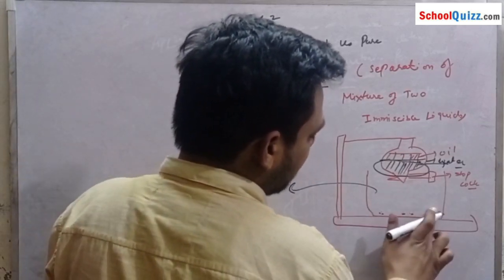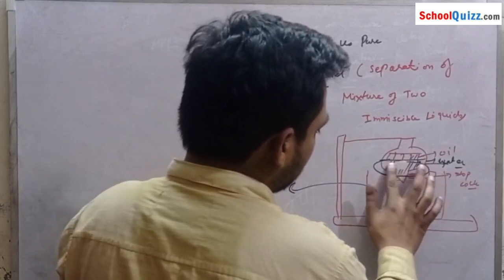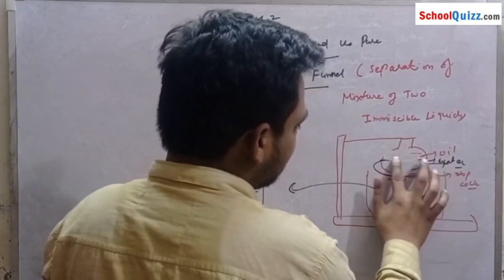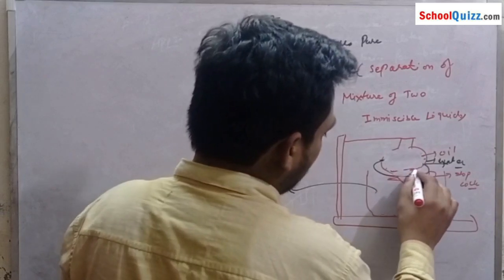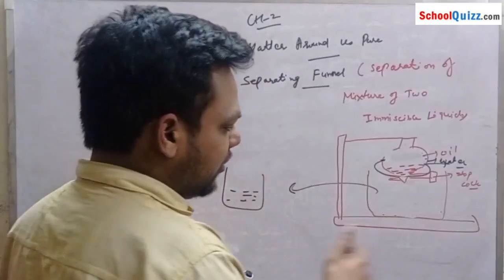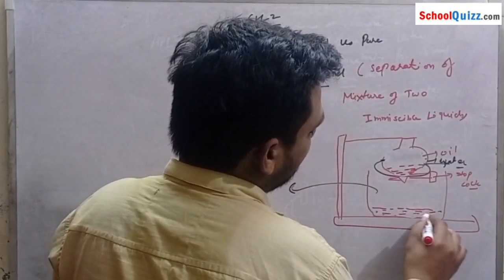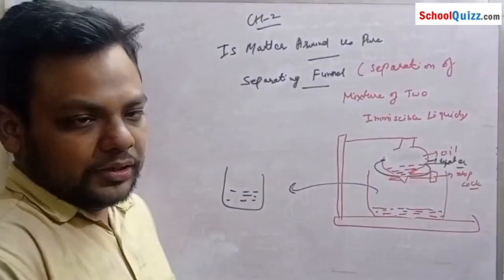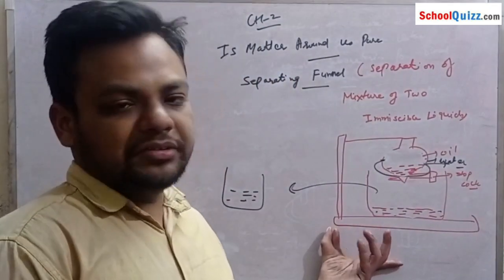Again we take an empty beaker. The water has been separated out and just oil is left at the bottom, so we open the stopcock again and all the oil comes out in the beaker. So we are able to separate our two immiscible liquids.